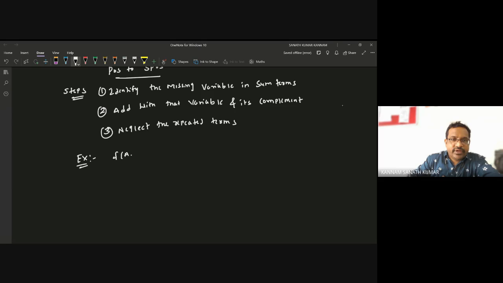F of ABC equal to A into (A or C). First you need to identify the missing terms. So B and C are missing in the first term, and in the second term B is missing.